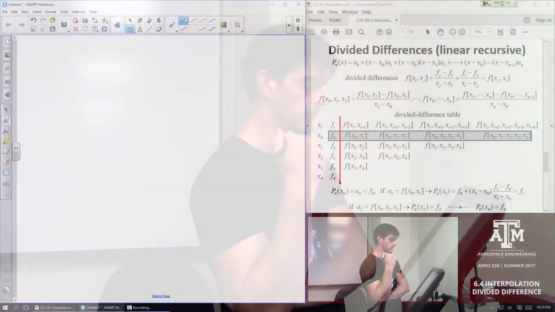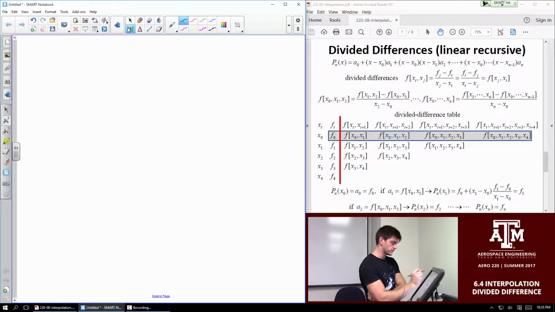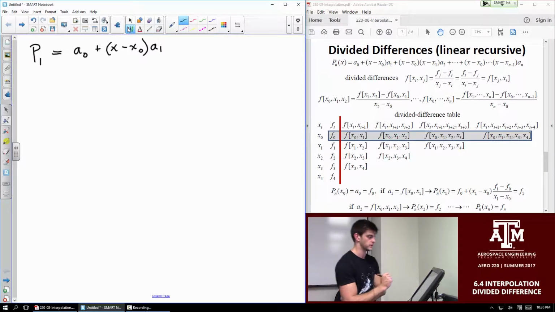So the first thing I want to do is talk about a different type of polynomial representation that we haven't seen yet. Now, in the linear case, let's say p sub 1 represents a linear polynomial. And I'm going to write it using the point slope form. So a sub naught plus x minus x naught times a sub 1, where a sub naught and a sub 1 are parameters of our linear function.